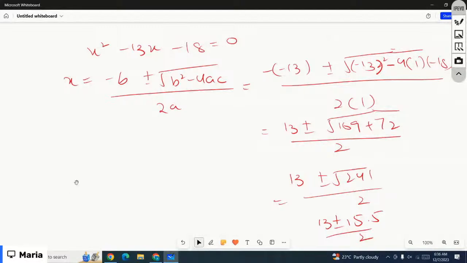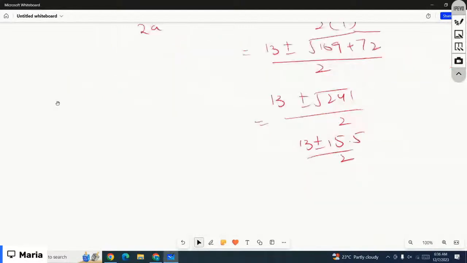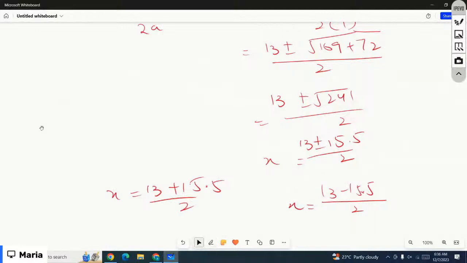So you have two values of x. They are 13 plus 15.5 over 2 and 13 minus 15.5 over 2, right?